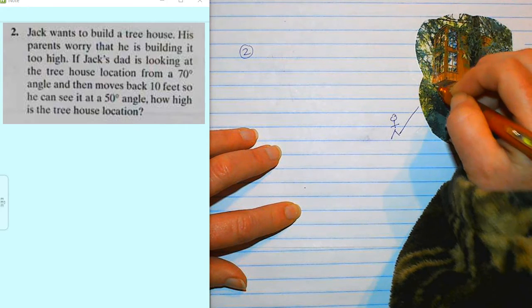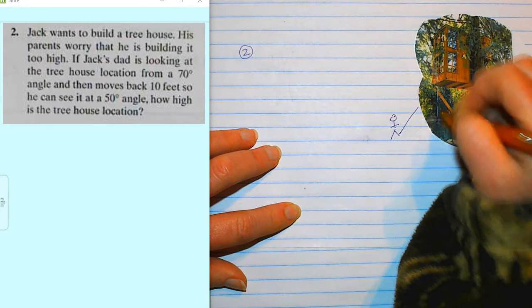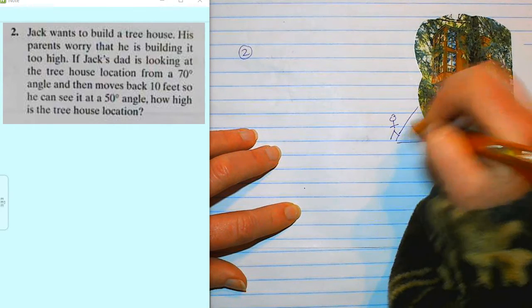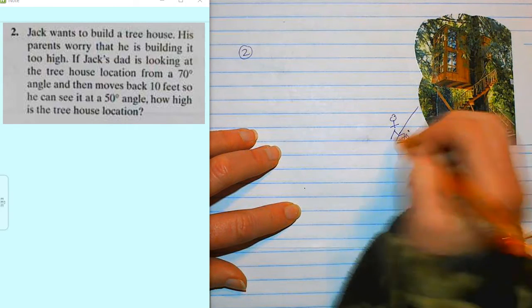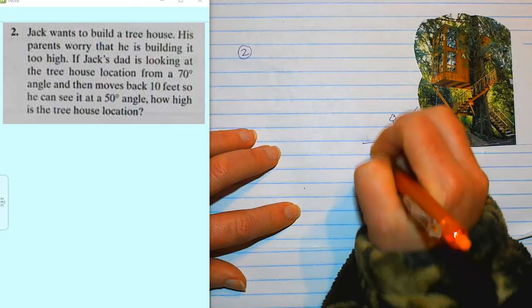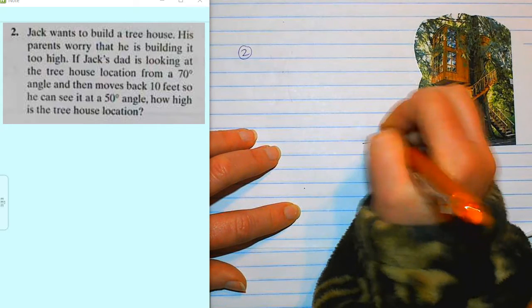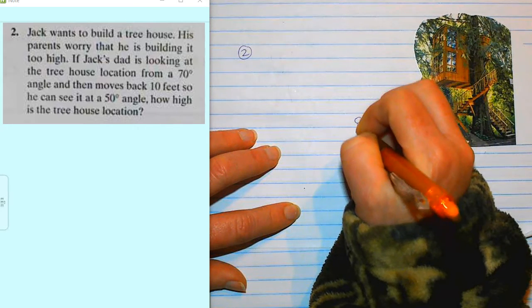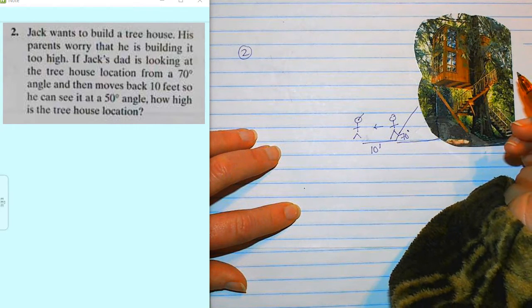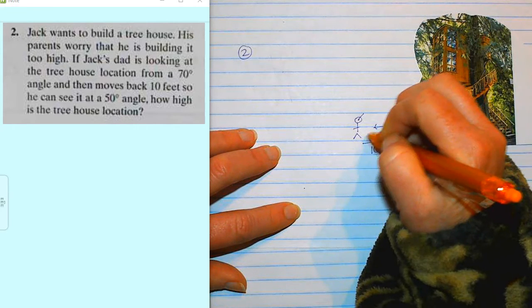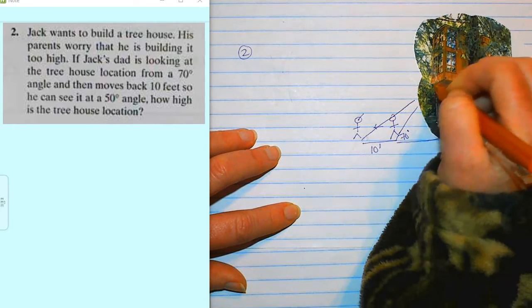Okay, so 70-degree angle. And then it says he moves back 10 feet. So we've got 10 feet here, and he's moved this way. And he's looking up, and now it's a 50-degree angle.